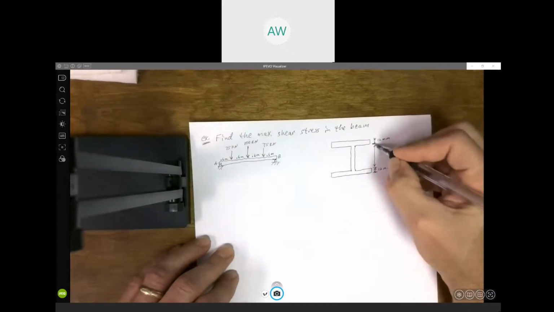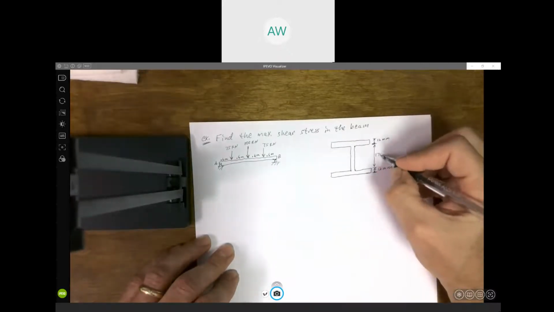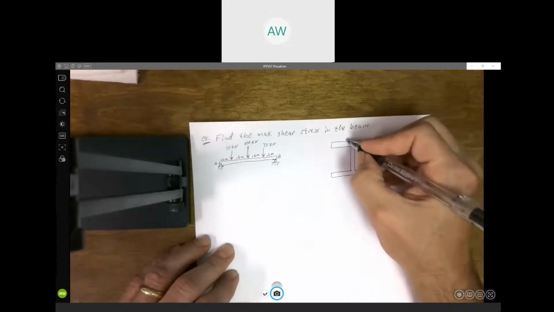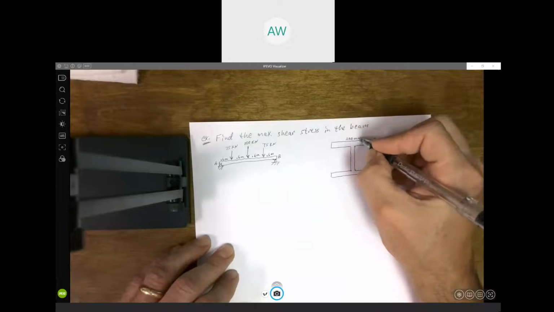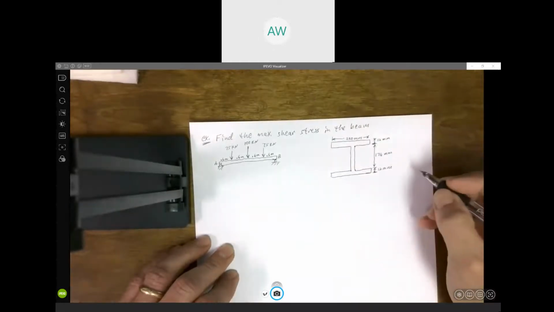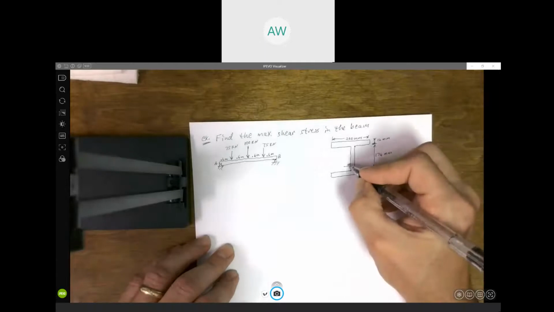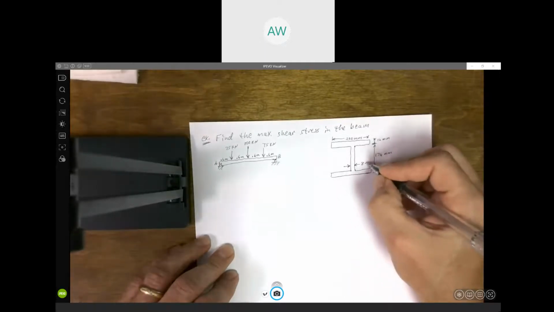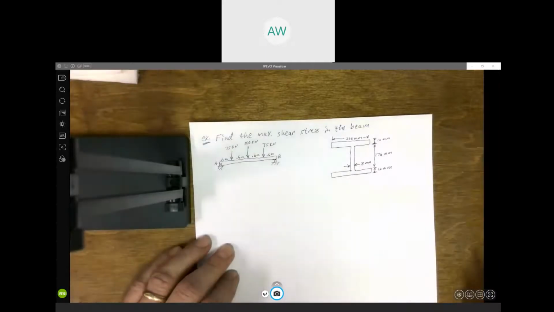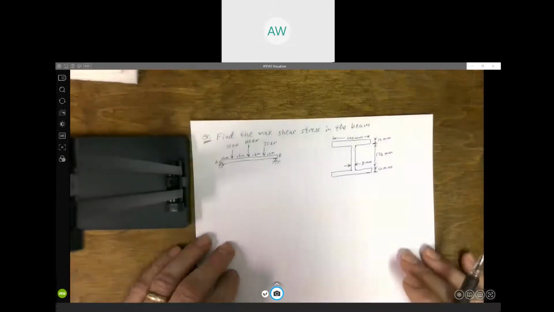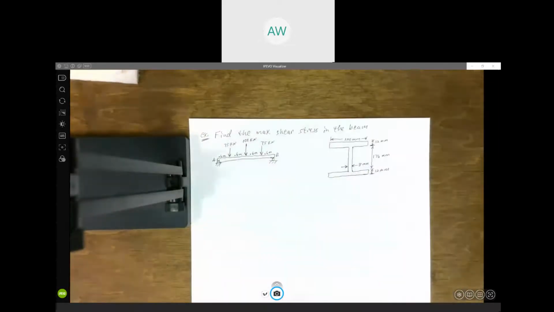And this is 176 millimeters. And it's 200 millimeters wide. And the thickness here is 8 millimeters. I think I got all my dimensions. We'll find out shortly. But that's what the cross section of this beam looks like.